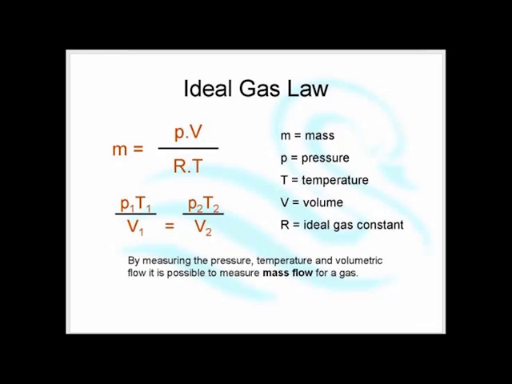There's a lot of gases which don't behave the way they should, such as saturated steam. But that's beside the point. If we have gases behaving the way gases really should behave, they should follow the ideal gas laws. And the ideal gas laws say that mass, pressure, volume, and temperature are all related by the ideal gas constant.